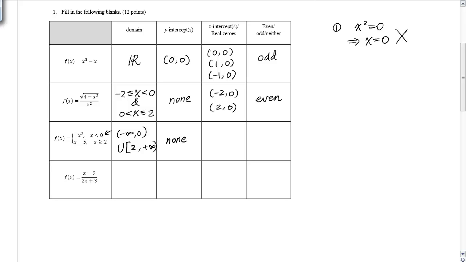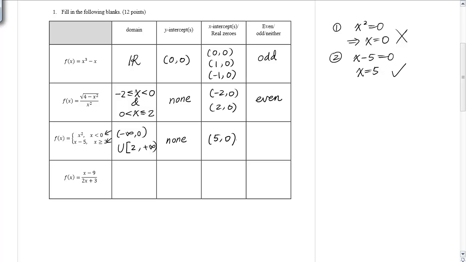Therefore, this is not applicable. Then we look at the second equation, x minus 5 equals 0. Apparently, x equals 5, which does fall into this interval, so it is a valid solution, and that is a real zero of the function, corresponding to an x-intercept of (5, 0).